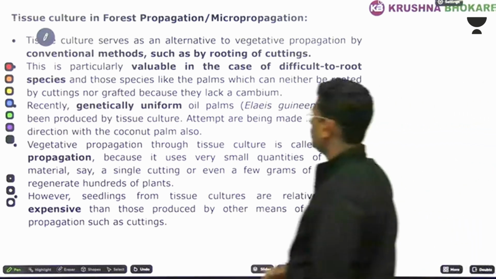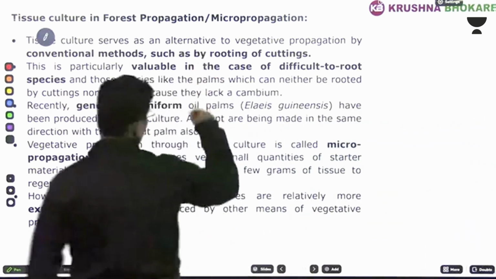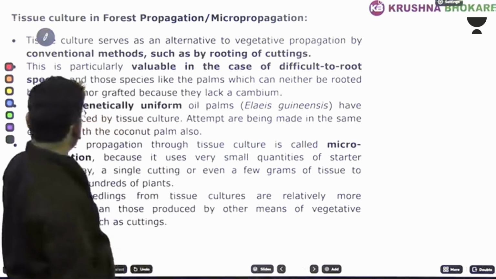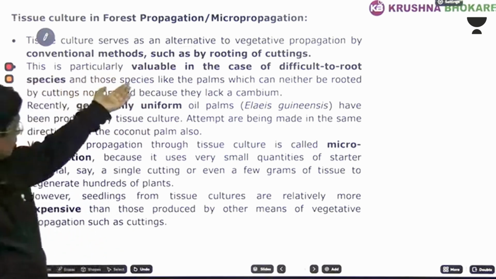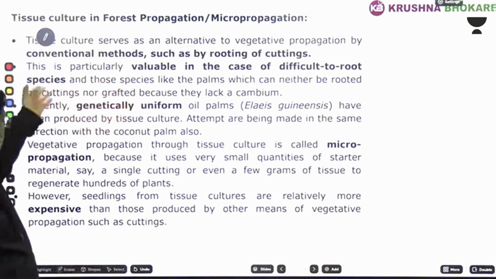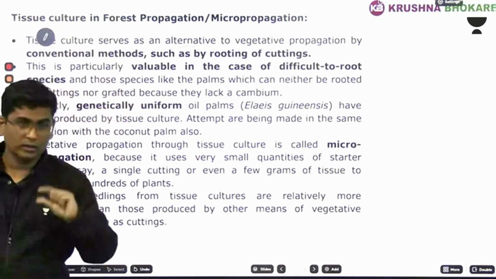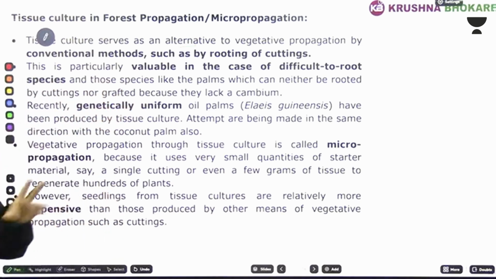Same thing happens here. Tissue culture is an alternative of vegetative propagation, better than your conventional rooting of cuttings. This is particularly viable for species that are difficult to root, where seeds are not viable, rooting is difficult, and air layering is not possible.